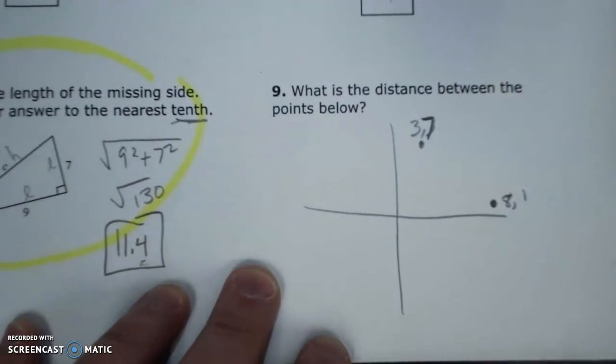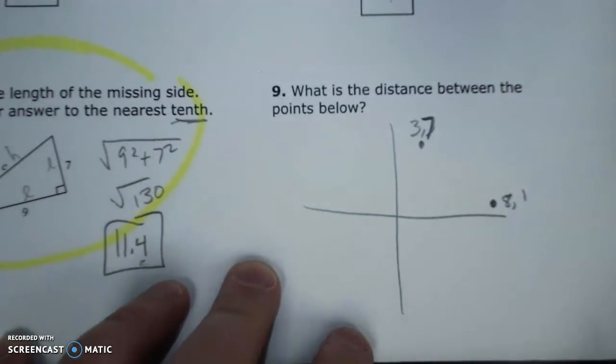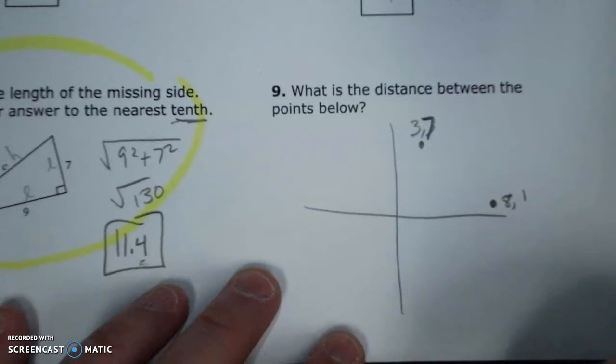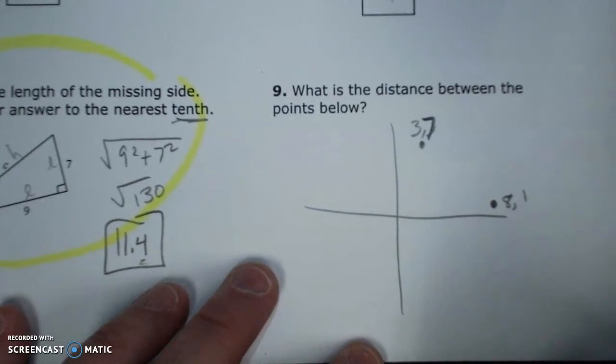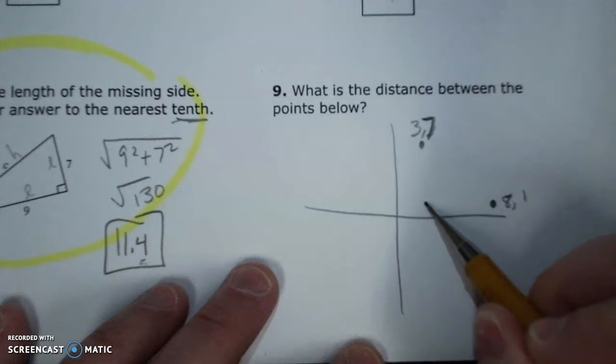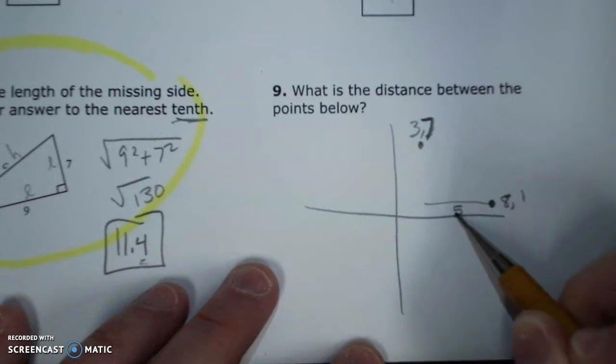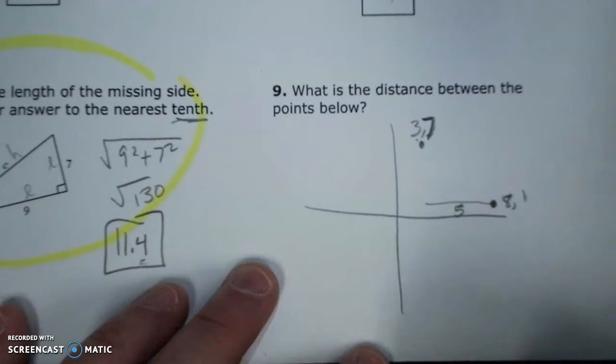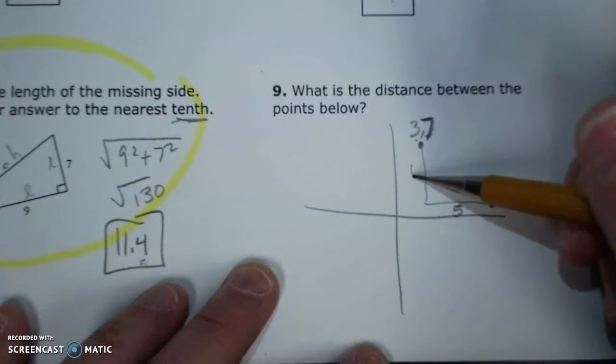This is finding distance on a coordinate plane. I do not believe that you have a diagram on there. If there is, same concept. So I'm going to say how far does it go over? It goes over 5 because from 3 to 8 is 5. It goes down 6.